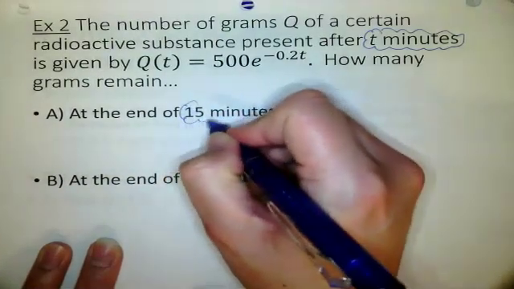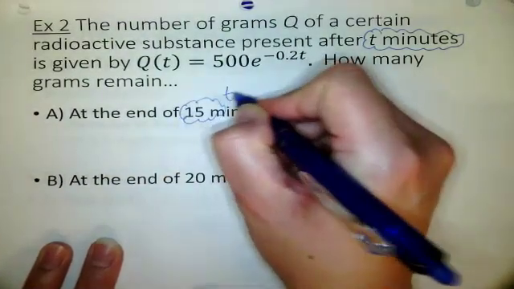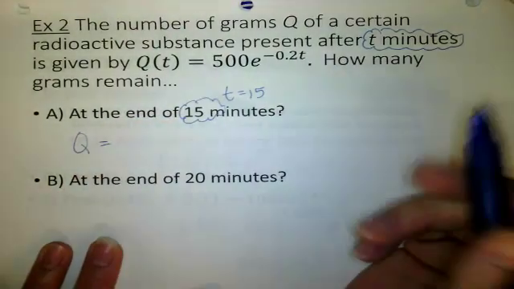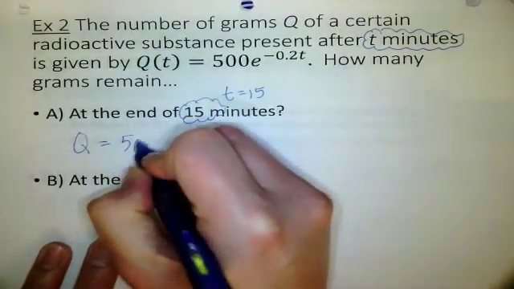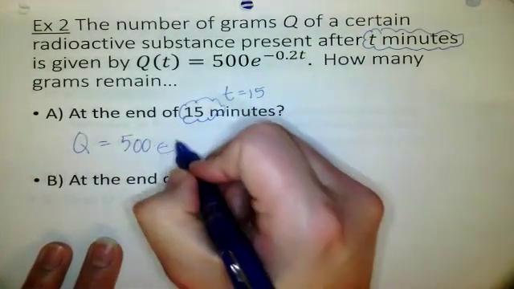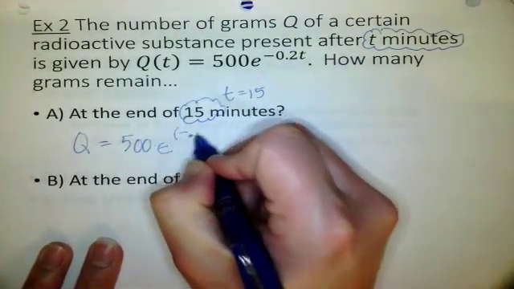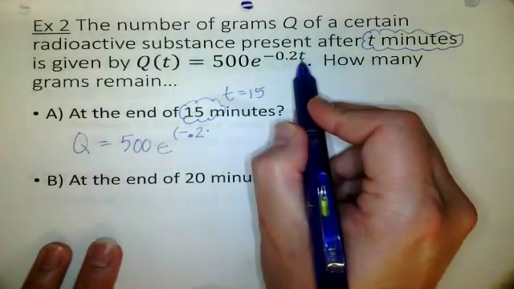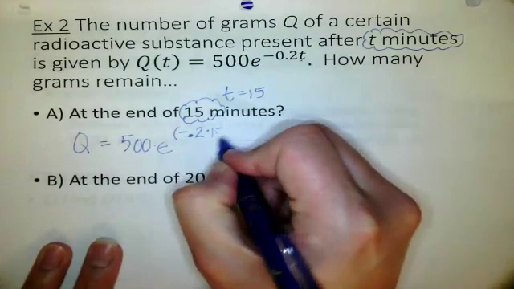So we are going to plug in 15 for t. So our quantity would be, using our model, 500 times e to the negative 0.2. And what are we putting in place of t? 15.